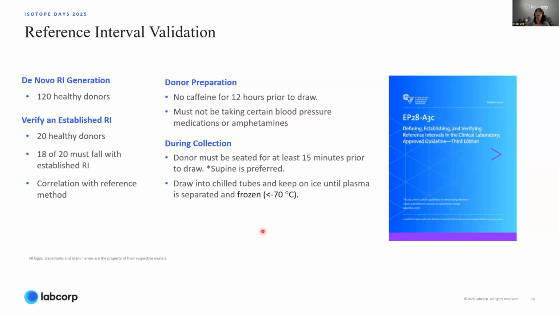So all these complications made it kind of a no-brainer as far as what you would choose. We obviously chose to verify an established reference interval because we don't have the setup that's required to do a study this large with the ideal conditions.